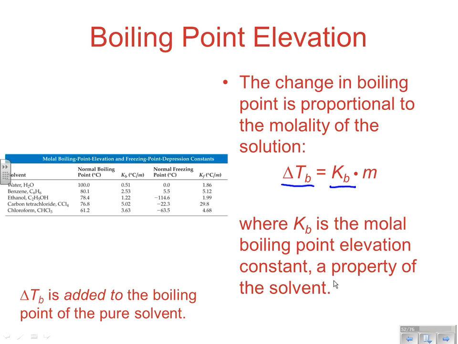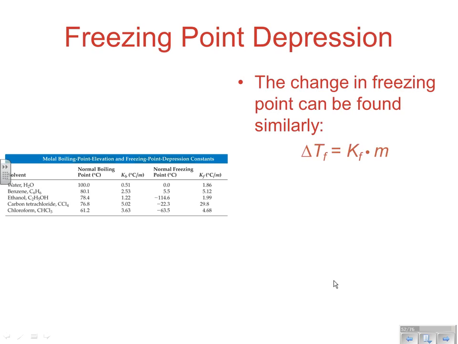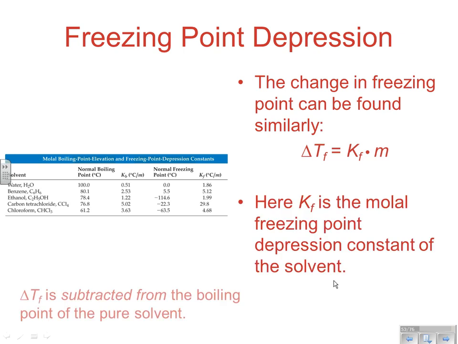And since it's boiling point elevation, if you want to calculate the new boiling point, the calculated delta T sub B is added to the old boiling point of the pure solvent to calculate your new boiling point. Now, freezing point is freezing point depression, so now when you're calculating your delta T, you need to use the freezing point constant and still using molality, and you need to understand that this is depressing the old freezing point.